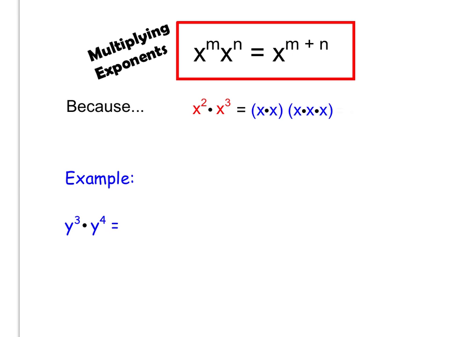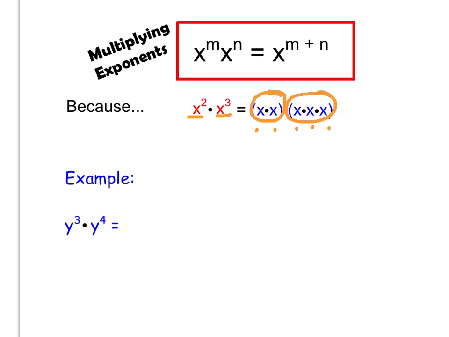So I want to explain why you end up adding the exponents when you're multiplying them. And we can see this by this example. So if I have x squared, and I write out what that is, x times x, and I have x to the third power, or x cubed, which is x times x times x. So see what I have written now. I have x times x times x times x times x.